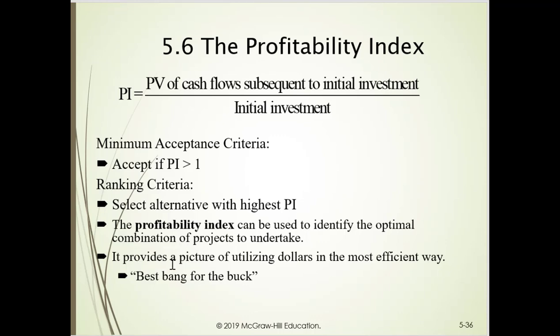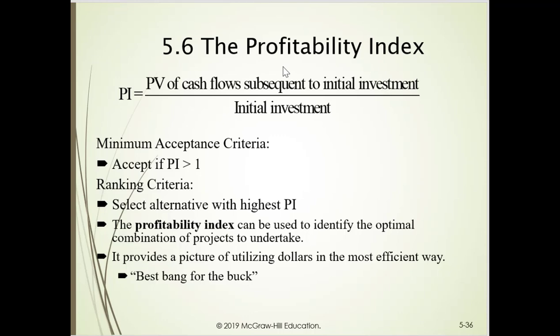So it provides us a picture of utilizing dollars in the most efficient way. It gives us the best bang for the buck. And again, if it's less than 1, we wouldn't do the project. That would imply it's a negative net present value project.